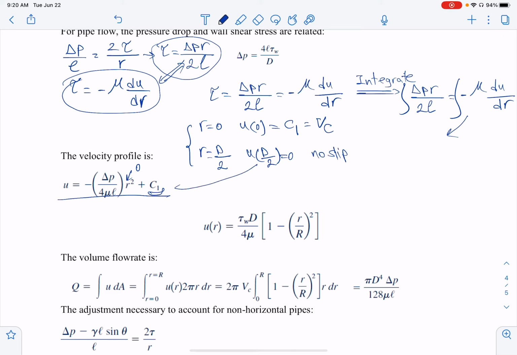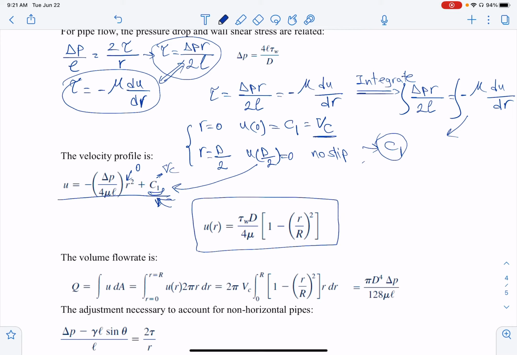And if we put that one here, and we also have this one for C1, then what we get from here is, let me see if I have that. So we get the C1 out of here, right? And then if we put C1 into this equation right here, this is what we get, right?